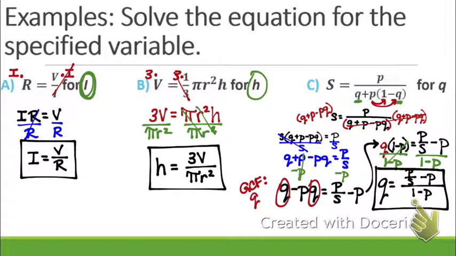I'm okay if you leave it like that. Could you simplify it further? Yeah, we could. If you simplified it further, you could end up with P minus SP over S times 1 minus P. But I'm okay if you leave it like that.